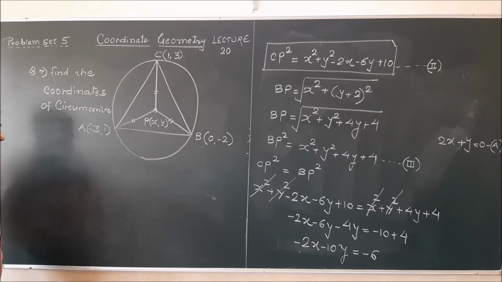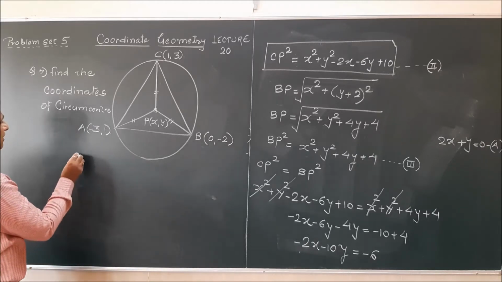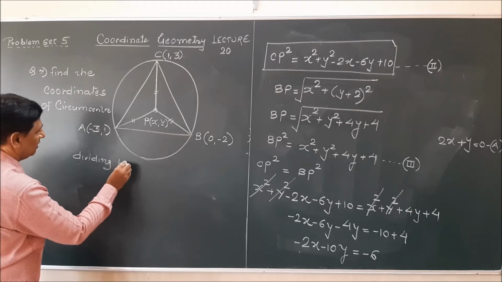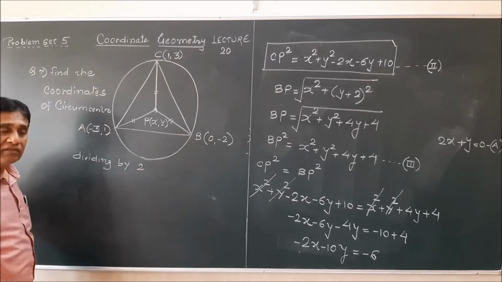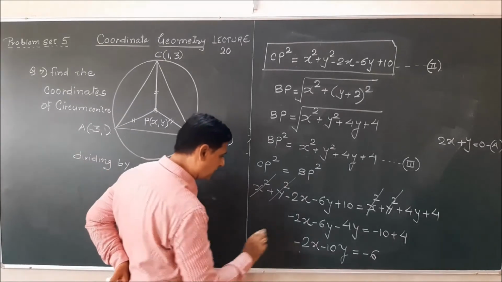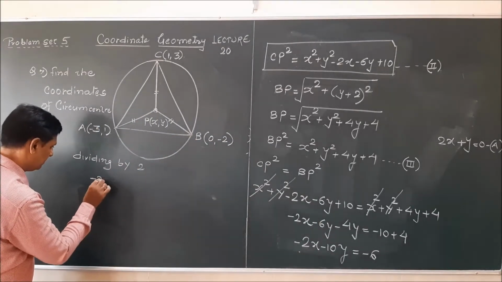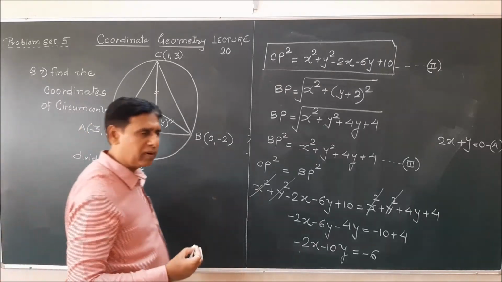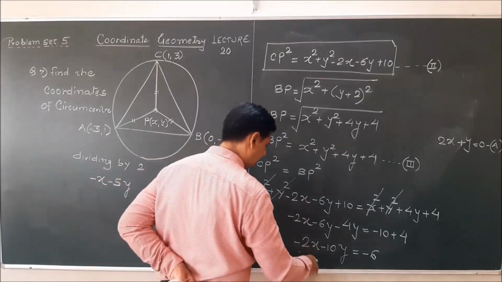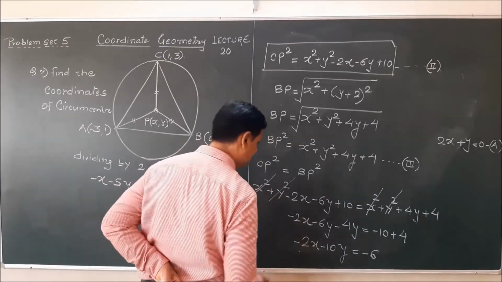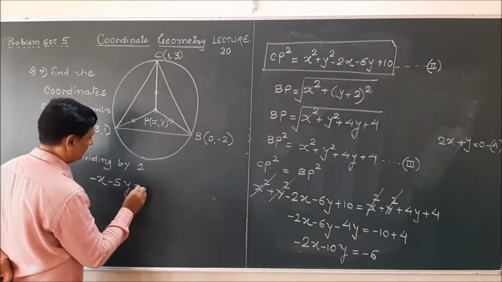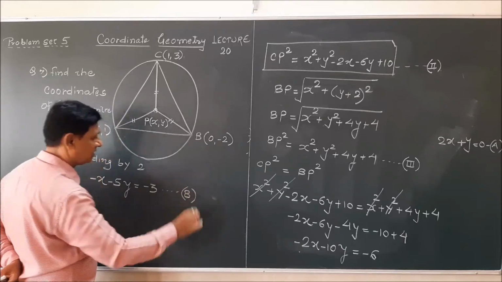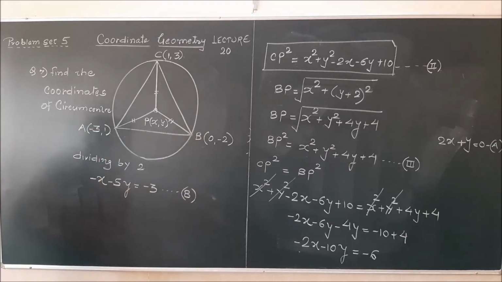So dividing by 2, from here I get minus x minus 5y. Why? Because I am dividing each term by 2. So here minus 6, 2 5s are 10, is equal to 2 3s are 6. Sign will not change. So this is simultaneous equation number 2.